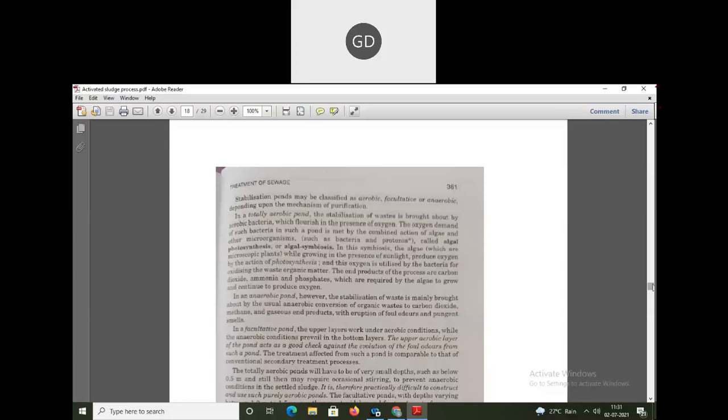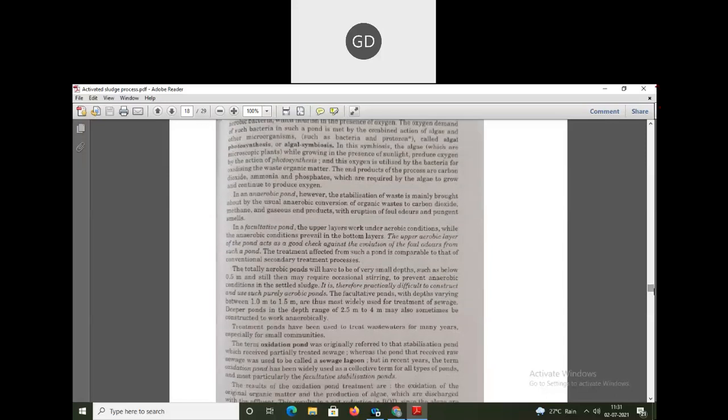The treatment effected by such a pond is very much comparable to that of a secondary treatment process. Totally aerobic ponds are practically very difficult to construct.